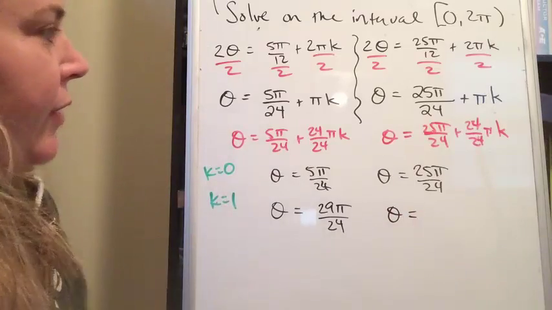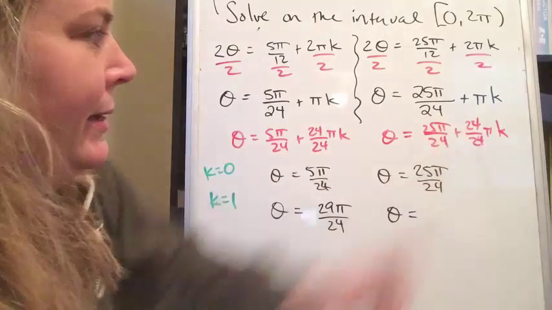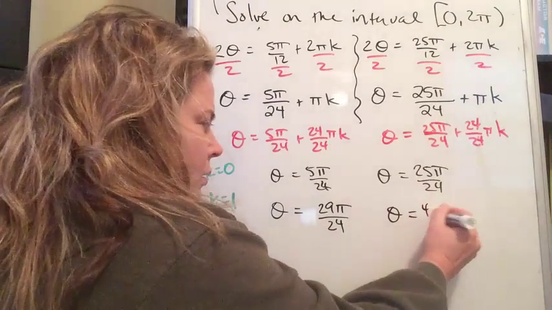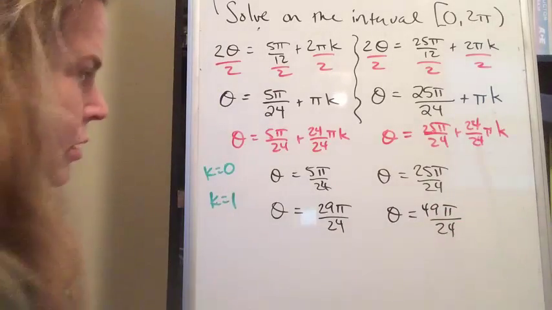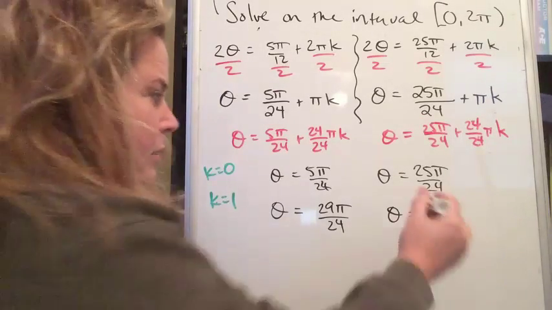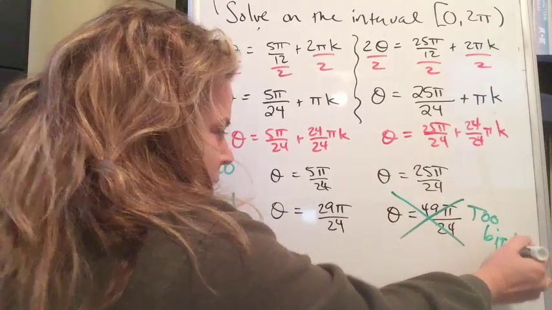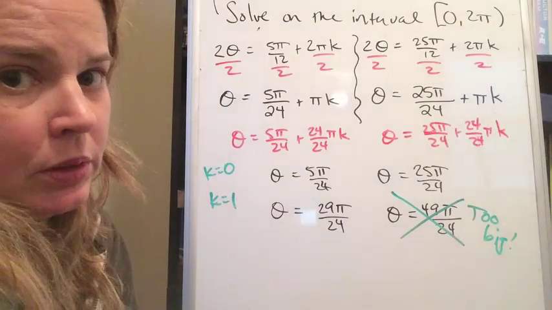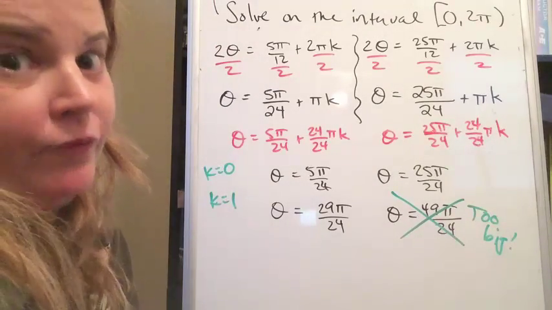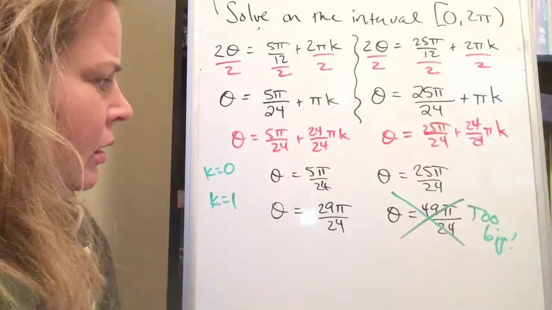It would be 25 plus 24, which is 49 over 24. This would be too big. This is bigger than 2 pi. Because what would be 2 pi in terms of 24s? Yeah, it'd be 48 over 24, so that's too big.